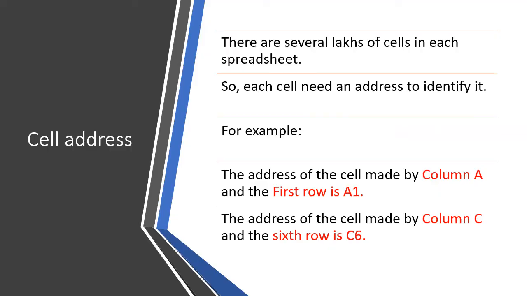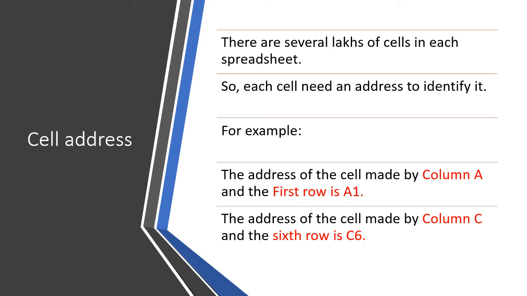There are several lakhs of cells in each spreadsheet. So obviously we need an address to identify one cell, right? For example, the address of the cell made by column A and first row is A1.